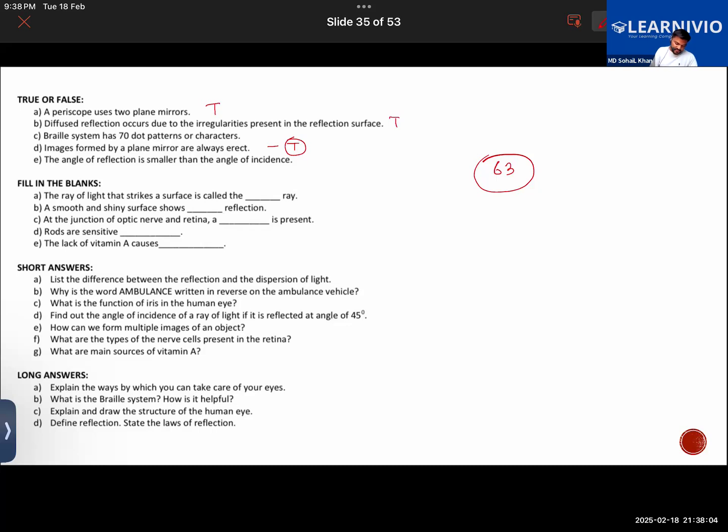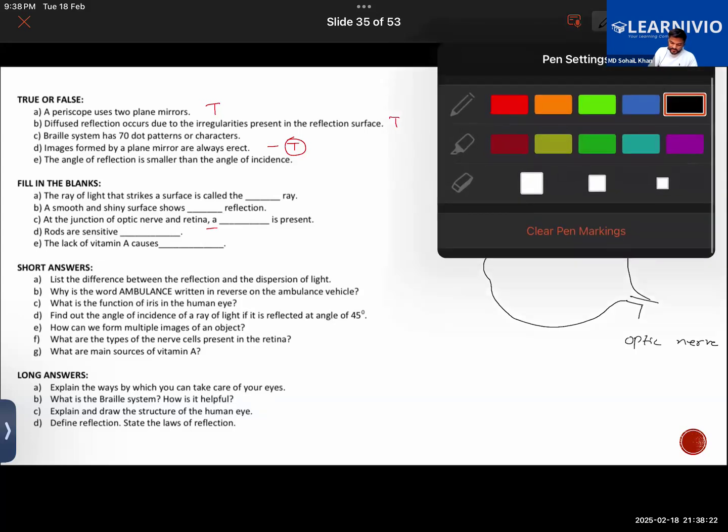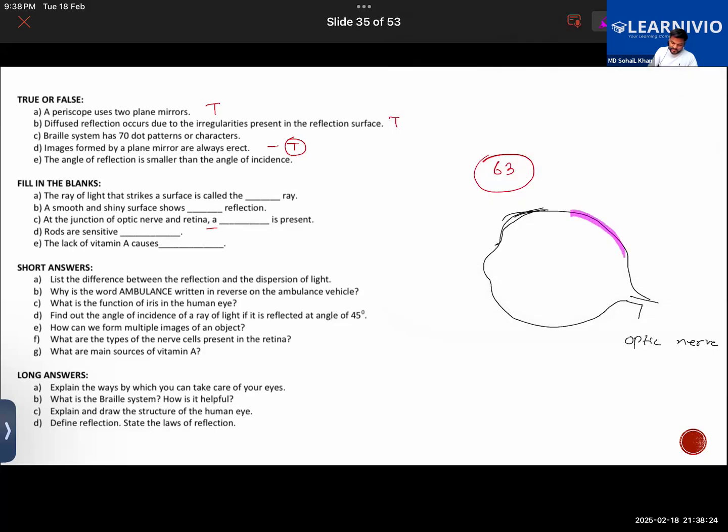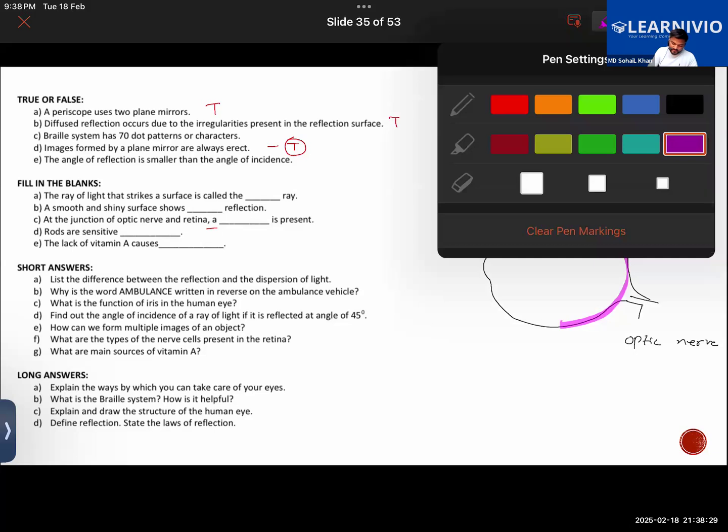Yes, what about this? At the junction of optic nerve and retina, a dash is present. This is the optic nerve, and this is basically the retina. So at the junction, the point where these two are meeting, what is it?